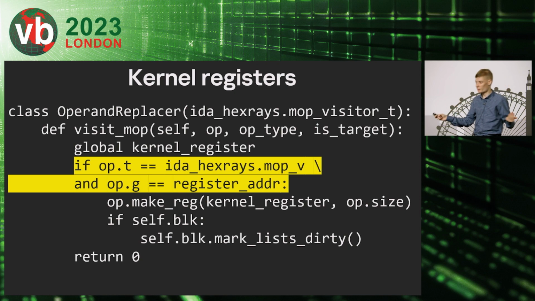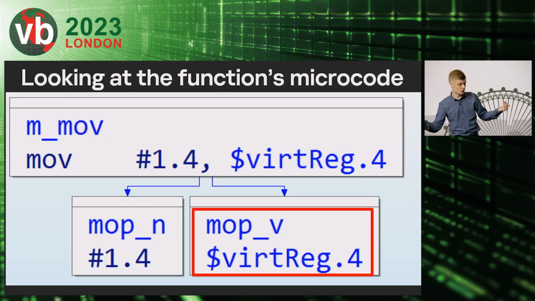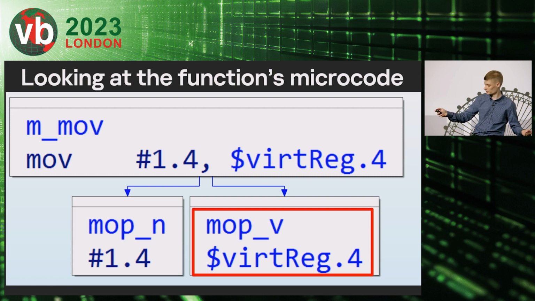In it, we perform a comparison of the operand which we are iterating over. We check if its type is mop_v and whether it's a virtual register by comparing the address of the variable. Let me show you again. This operand that we need to work on, in red, has type mop_v, and its value is the virtual register.